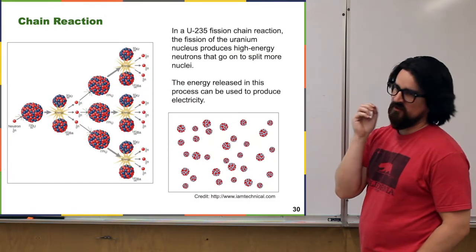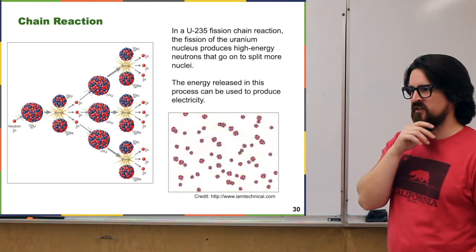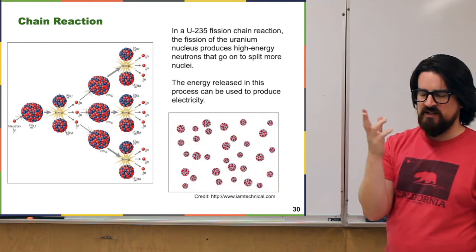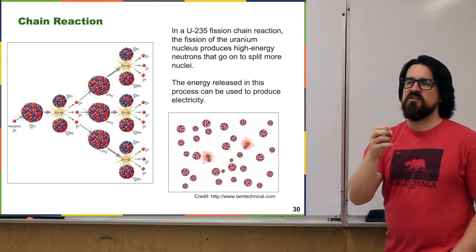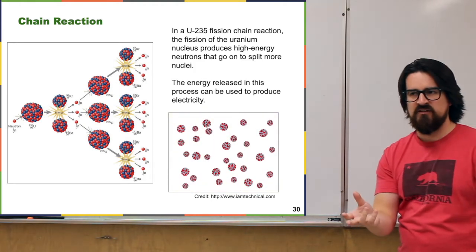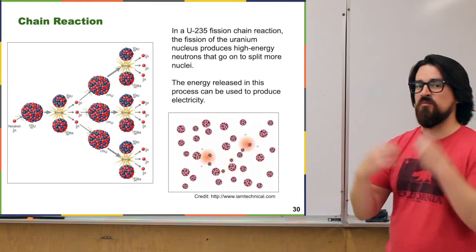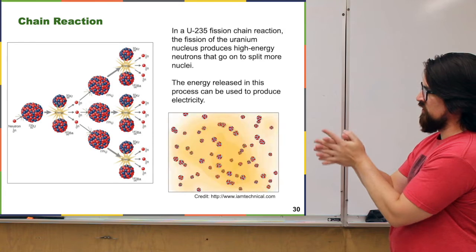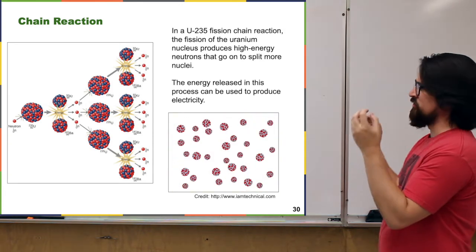If you've heard of nuclear fission, then you probably heard of it in the context of what's known as a chain reaction, or a nuclear reactor, or even a nuclear bomb. It's called a chain reaction because one fission event can trigger multiple other events, and then those other fission events can trigger more fission events. We get this picture on the left where one additional neutron comes in and fragments a single nucleus.